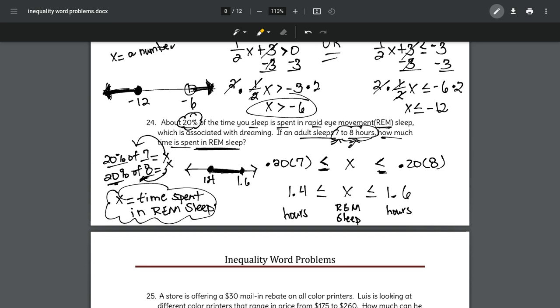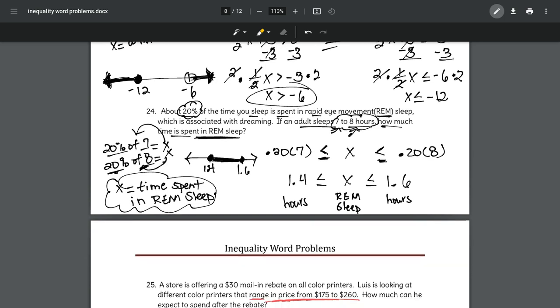All right. I hope that makes sense. If it doesn't, pause the video and call me over. Again, there was nothing really you had to do with x, because x is the time spent in REM sleep. So to get x, all we had to do was just find 20% of 7 and find 20% of 8. And the reason why you wouldn't just go with 1.4 and 1.6 is because it says you're sleeping 7 to 8 hours.